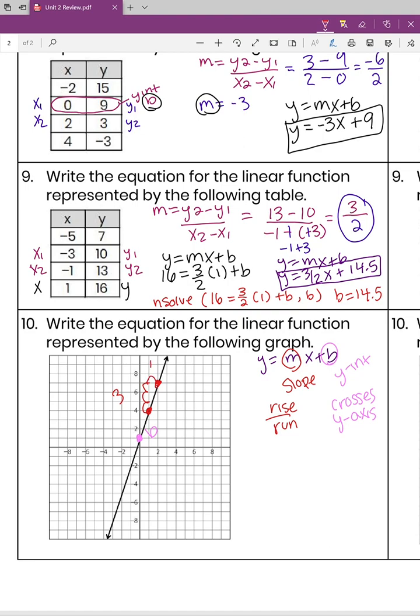So that means my slope is 3 over 1. And my y-intercept is 1. So if I was writing my equation, it would be y equals 3, because that's my slope, and then x plus 1, because that's my y-intercept. So that's my answer. Y equals 3x plus 1.